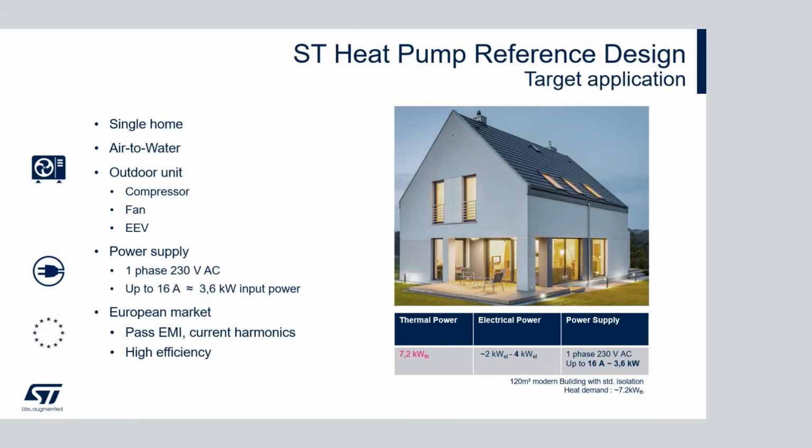First, we decided to base this design around a single home, like you can see in the picture here. It's an example of a modern building with standard insulation, which would typically require a thermal power in the range of around 7 kilowatts for an air-to-water heat pump.